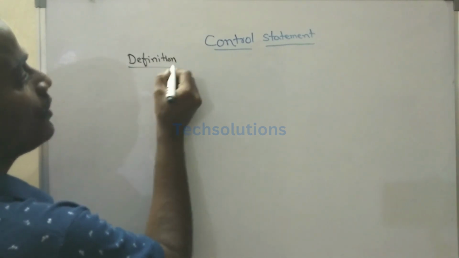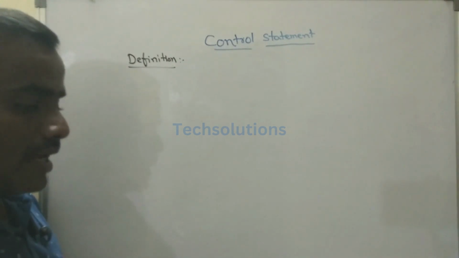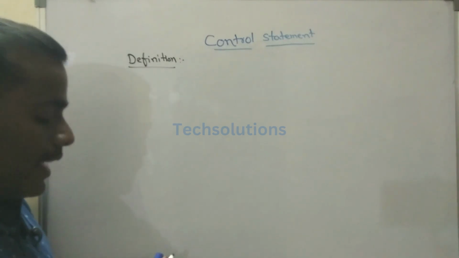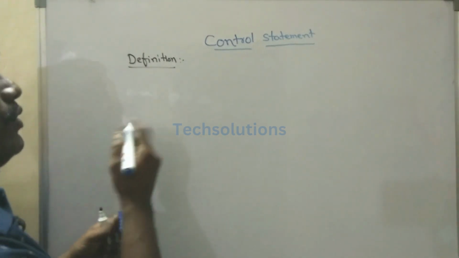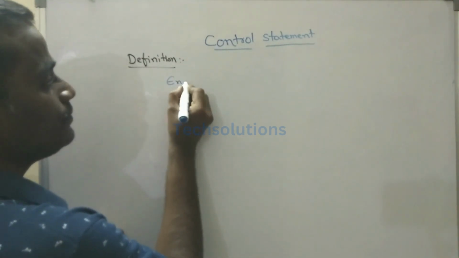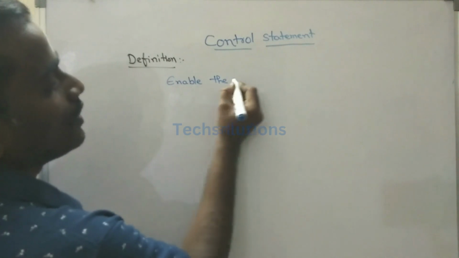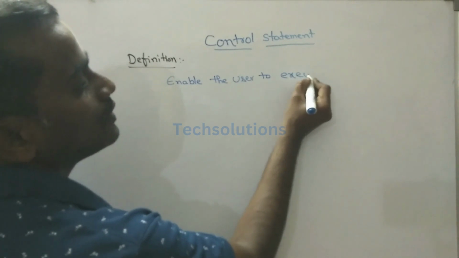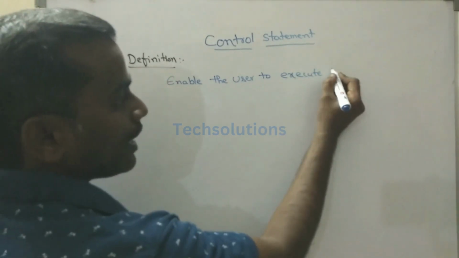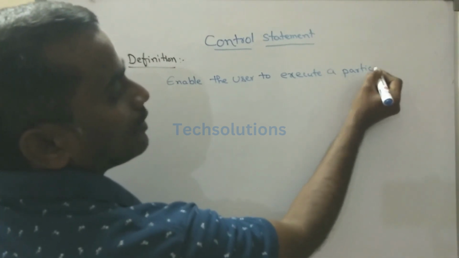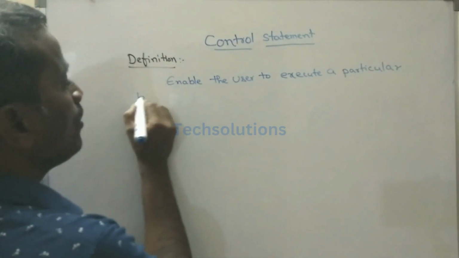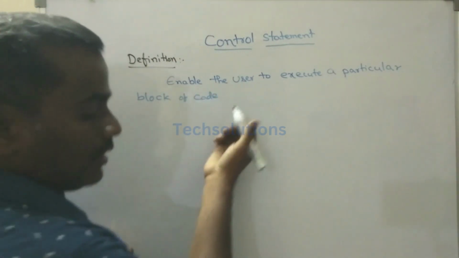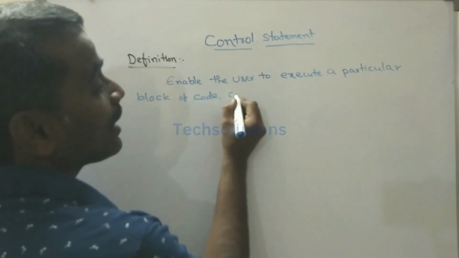for the control statements. Control statements can be used to enable the users to execute a particular block of code, a block of statements.